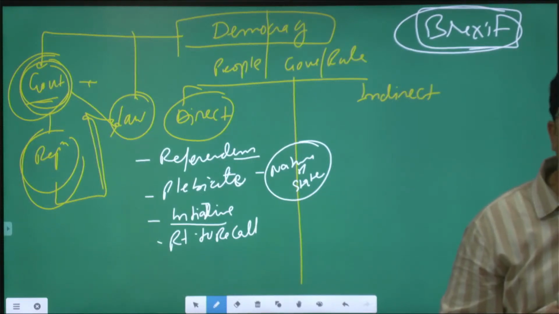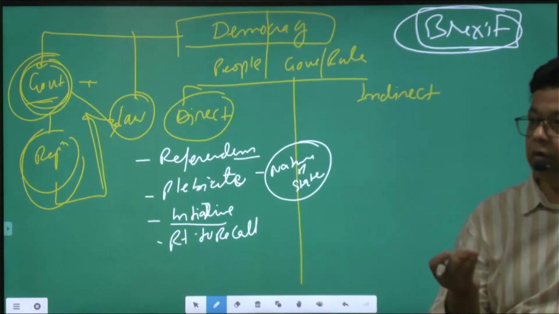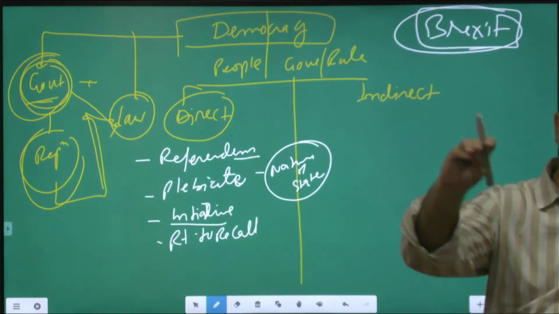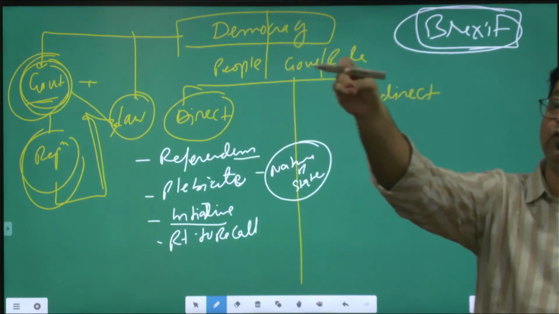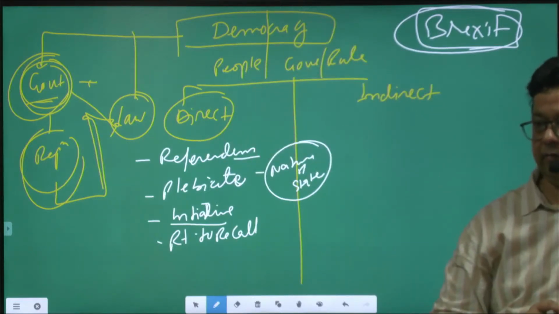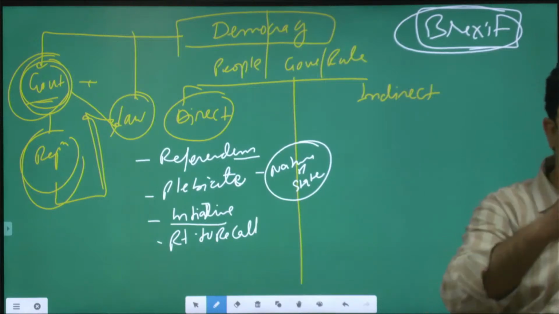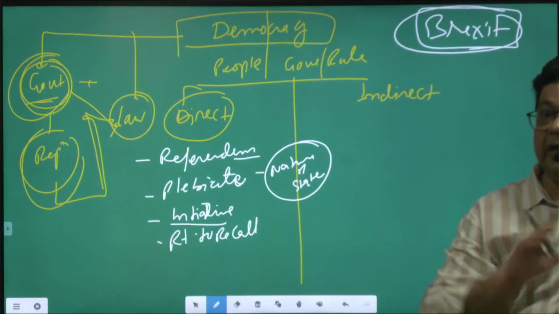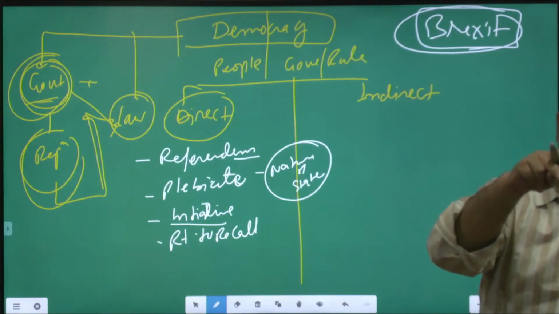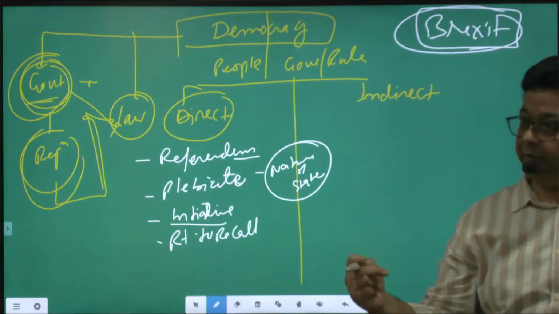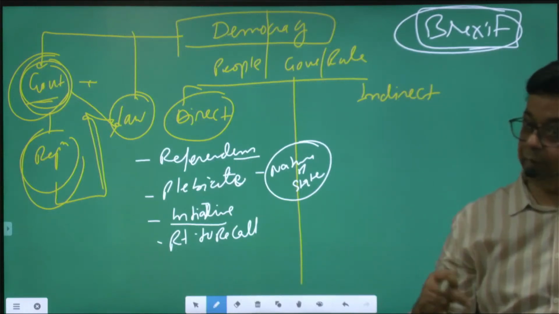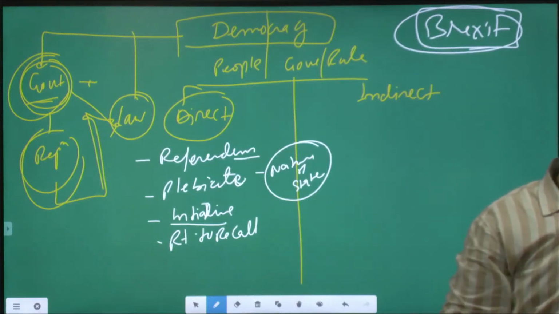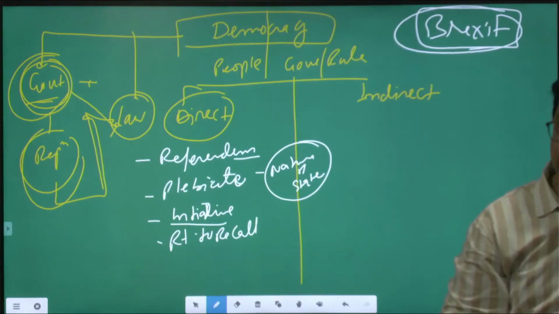Any kind of law. So the type of law the people want is initiated by themselves, and after the initiative it is sent to the parliament. Now you discuss and vote on that. So a law proposed by the people, that is initiative. In a referendum, the law is proposed by the executive and voted on by the people. In an initiative, the law is proposed by the people and voted on by the legislature. Yes or no? Is it clear?